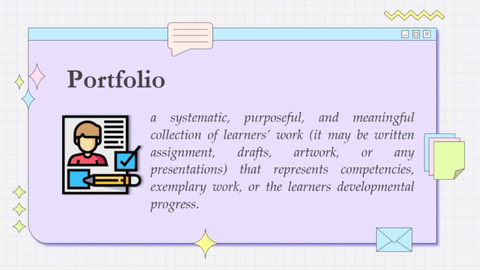Or in simplest terms, portfolio is a collection of students' work that exhibits the students' efforts, progress, and achievement in one or more areas. Creating a portfolio can be as simple as a folder or as fancy as a scrapbook. It is a way for learners and teachers to critique and evaluate their works and academic papers.